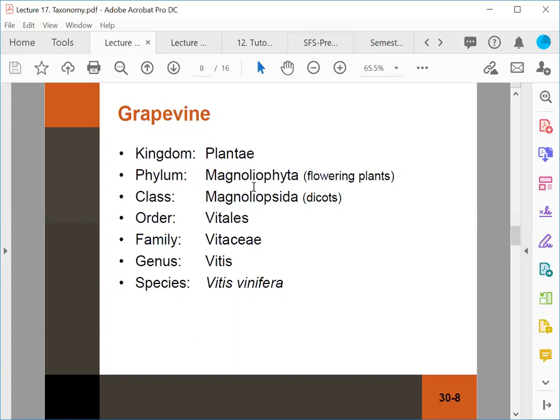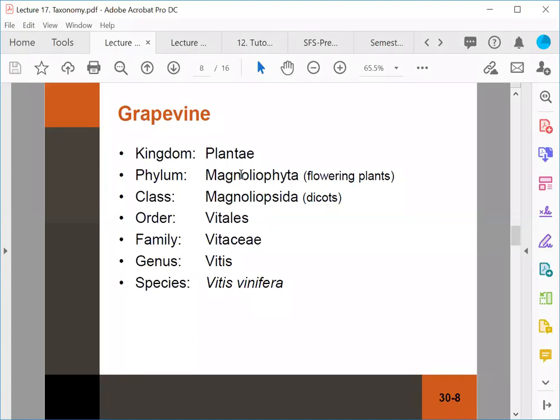This particular phylum is Magnoliophyta, which includes all the flowering plants. Class Magnoliopsida, which are all the dicotyledonous plants or dicots. Order Vitales, family Vitaceae, genus Vitis, and species. So this is the common grapevine, which has the species name Vitis vinifera.